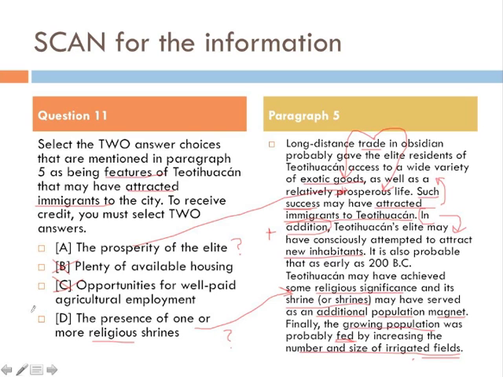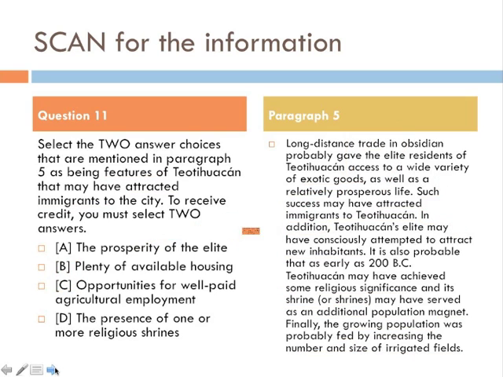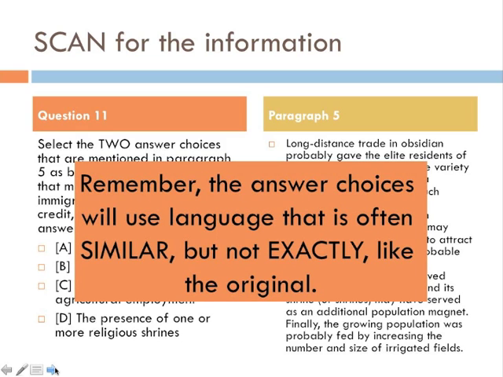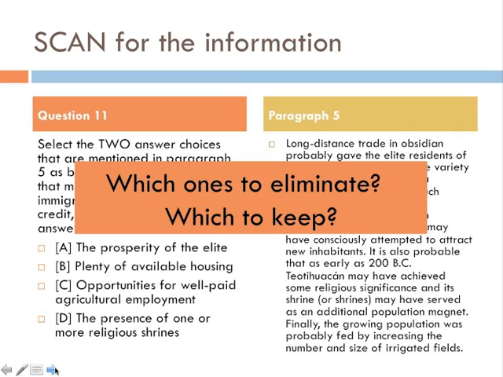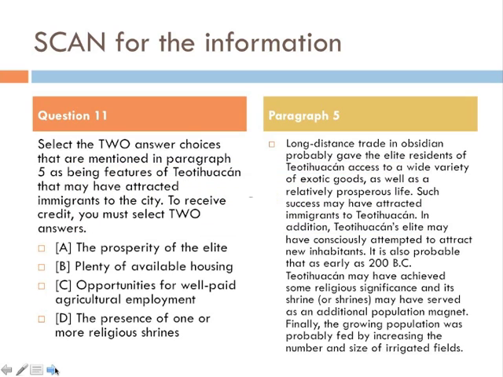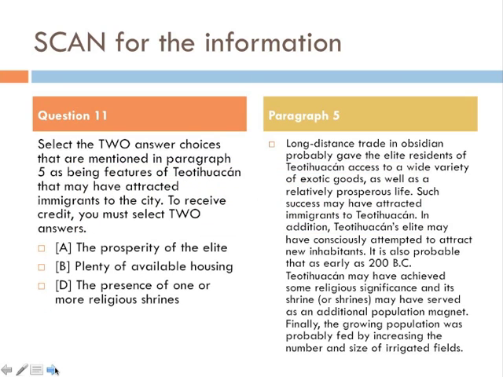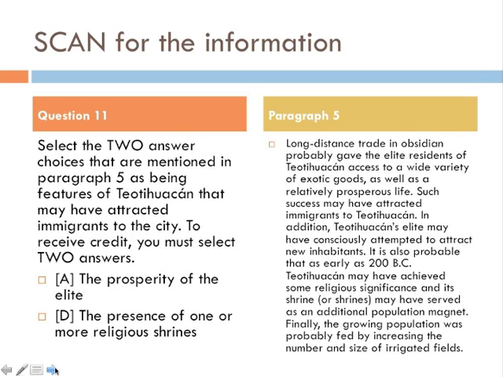And remember, since the question is looking for two choices, we probably need to think that the answer choices are going to be similar, but not exactly the same. So, which ones did we eliminate? It looks like we could probably eliminate B and C. And in this case, we could keep A and D.